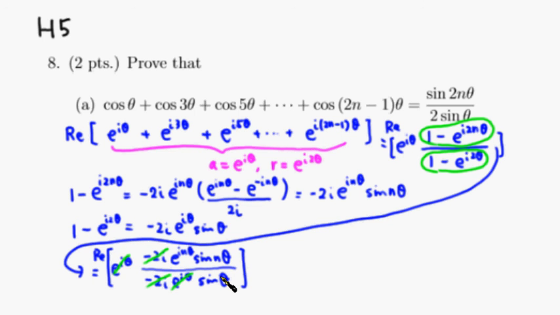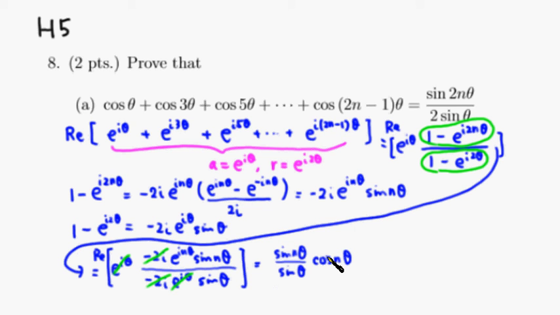We're looking for the real part. Sine of n theta over sine of theta is just going to be real, so I'm going to put that in front. But e to the i n theta, using Euler's formula, is cosine of n theta plus i sine of n theta. Since we were looking at the real part, this is going to be cosine of n theta.